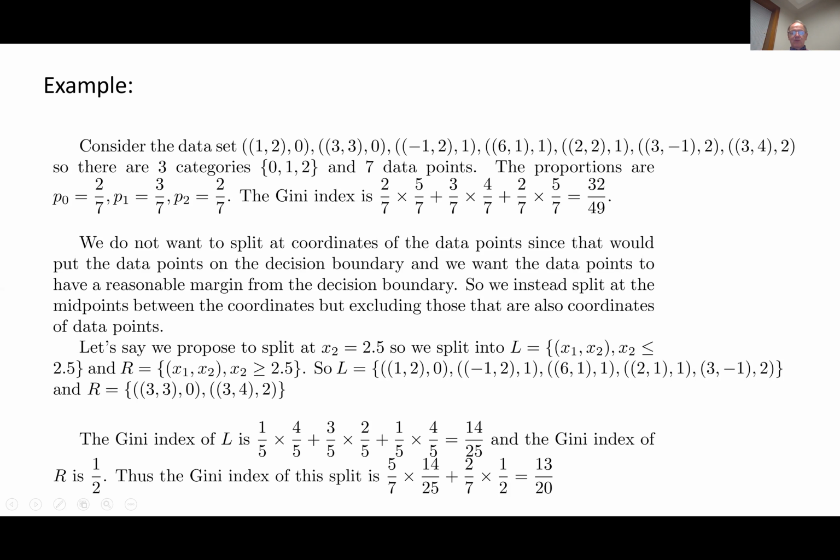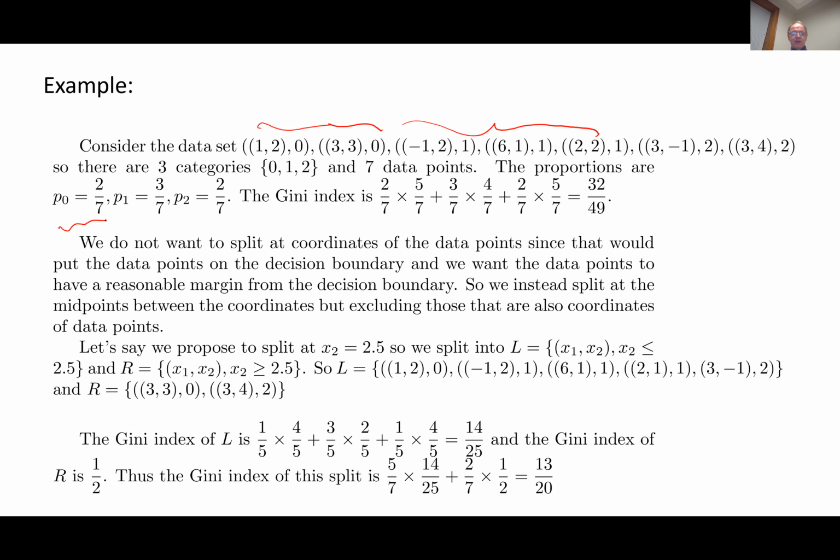So we have to compute: there are 7 data points. There are 2 points that have label 0. There are 3 points that have label 1, and then there are 2 points that have label, category 2. So there are these 3 categories: 0, 1, and 2. 7 data points. So the proportions are P0, the number of points with label 0 divided by the total number of points, is 2/7.